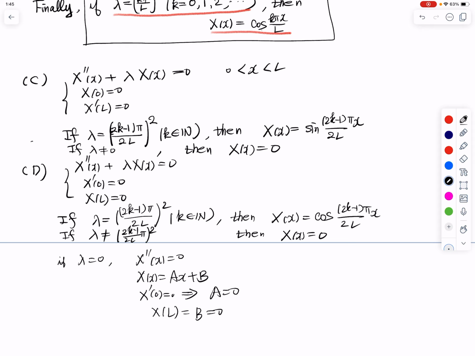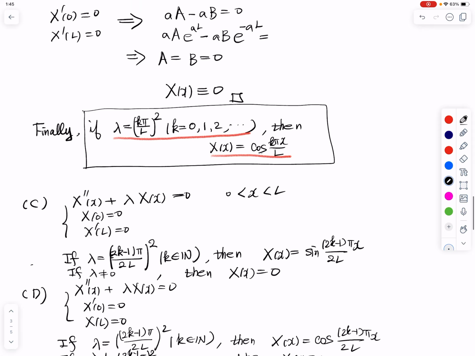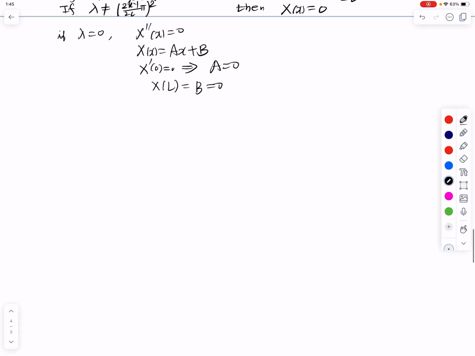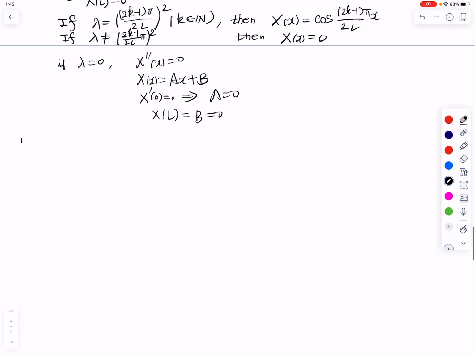So why are these very important? Later on, we are going to study this equation, the heat equation.